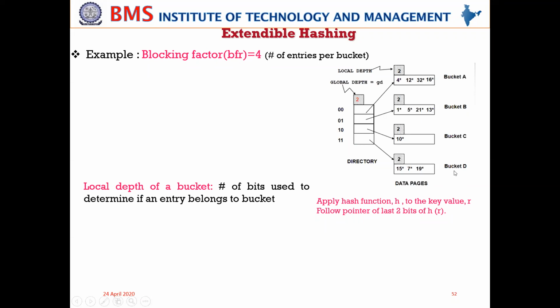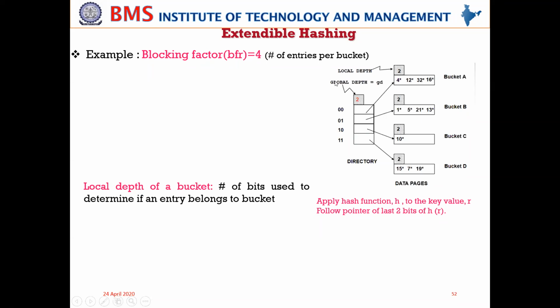Suppose I have an entry, say 21, and I want to determine which bucket 21 belongs to. How many bits of that key value 21 are you going to use to determine which bucket it should go to? The number of bits used to determine which bucket an entry belongs to is called the local depth.